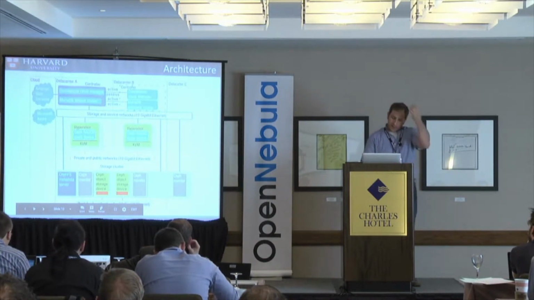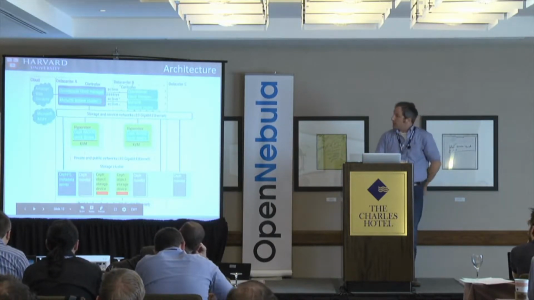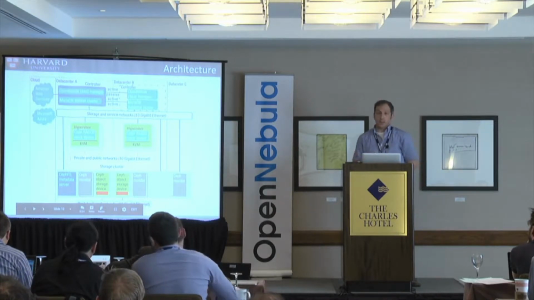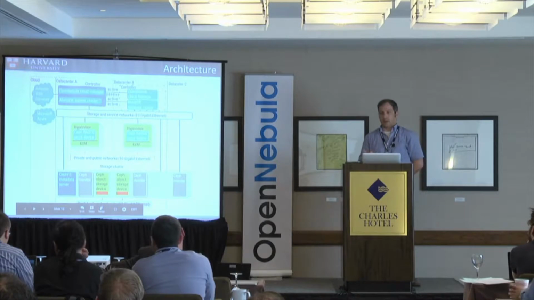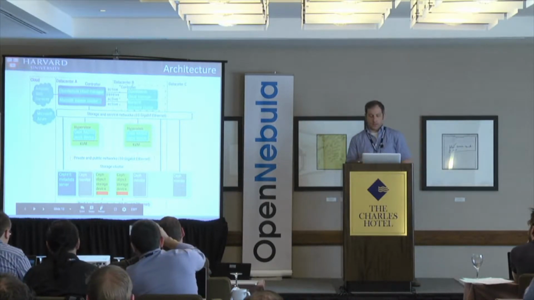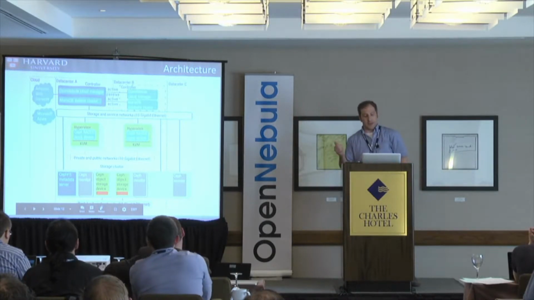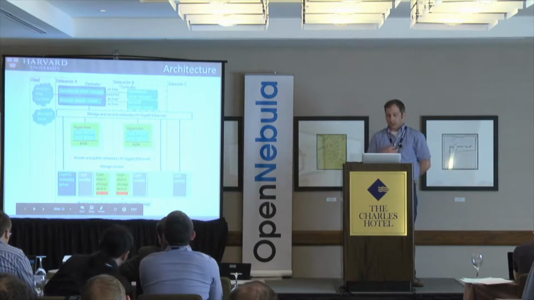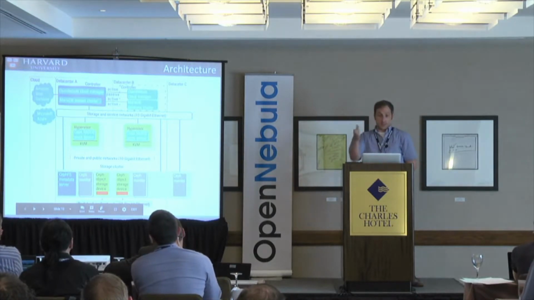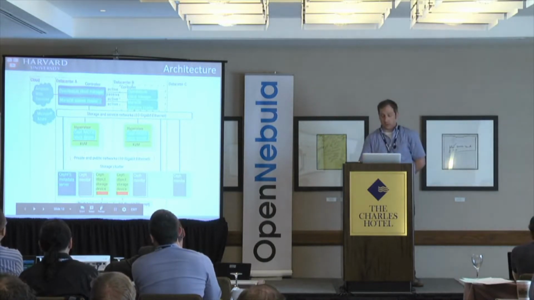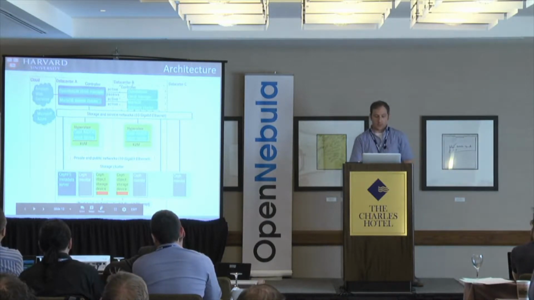Moving on to the architecture, we actually have 3 data centers. We have one at Harvard, which is shortly going away, but nevertheless, we have another data center at One Summer Street in Boston, and then a third data center, data center C, which is MGHPCC, the Holyoke data center that James described.